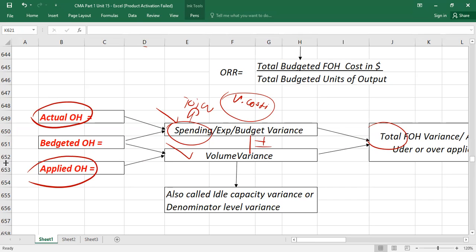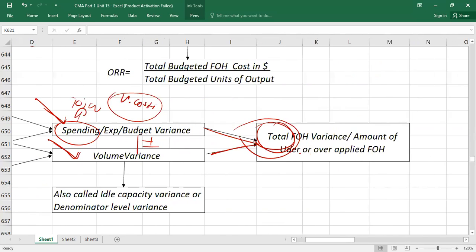So now you got two ways. First way, get spending variance, then get volume variance, then net of spending and volume gets total. Second way is the shortcut way: take the difference of actual overhead, first line, and the last line. This will also give you total variance. And one more word you should add in your dictionary.